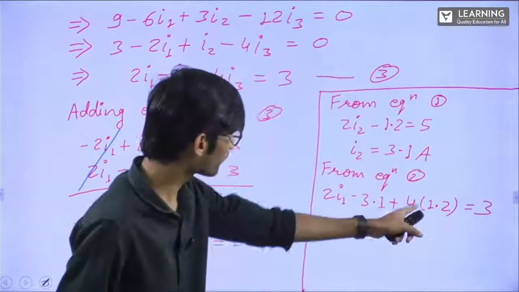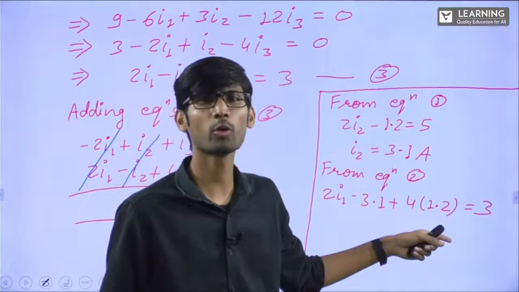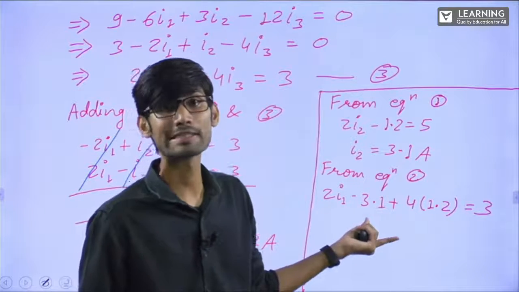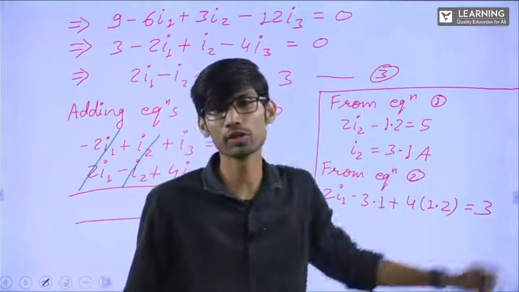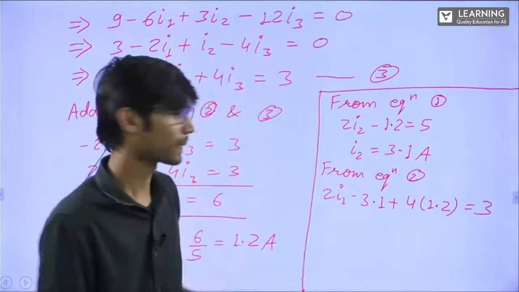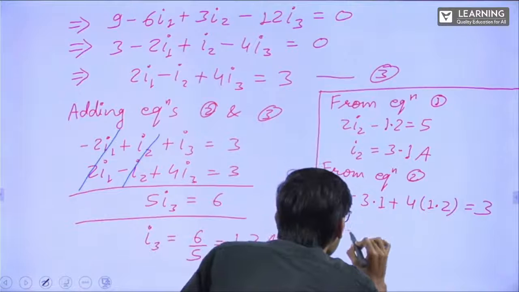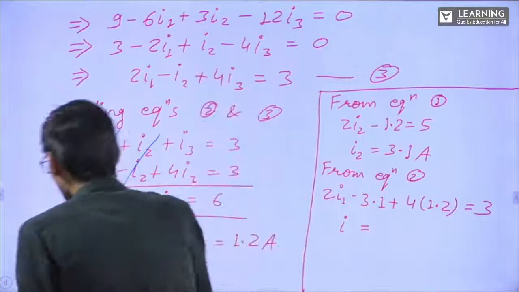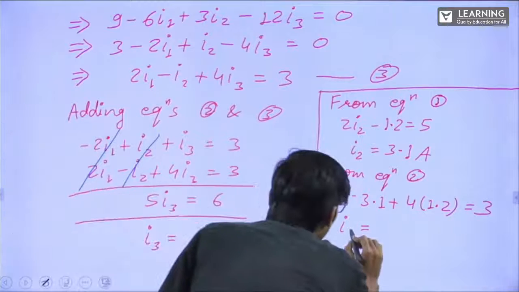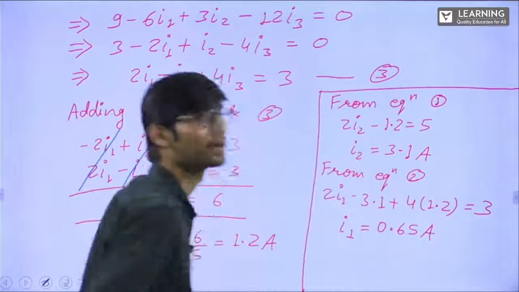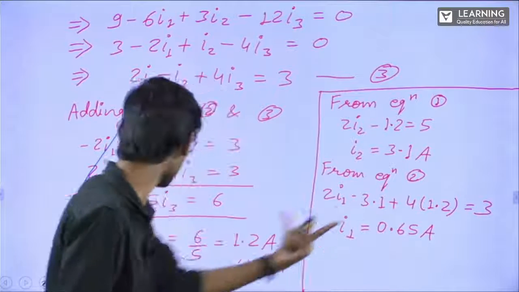So now see, 4 into 1.2 is 4.8. 4.8 minus 3.1 is 1.7. If 1.7 goes to the other side and is subtracted from 3, it will be 1.3. Correct. So 2 I1 is 1.3, I1 is 1.3 divided by 2, that is 0.65 ampere. All the three currents you have got, I1, I2, I3.